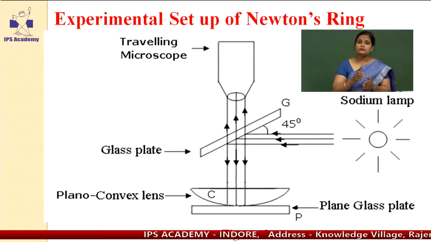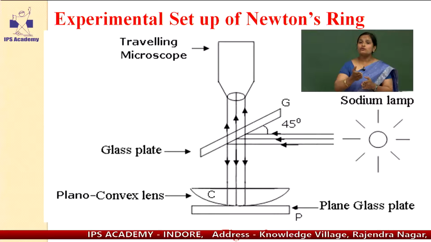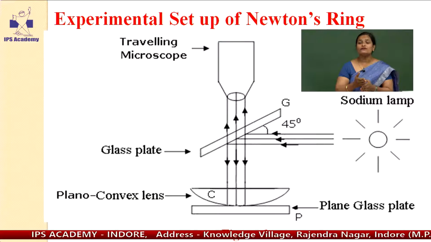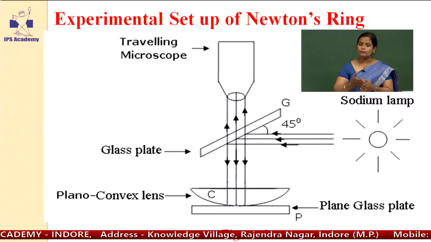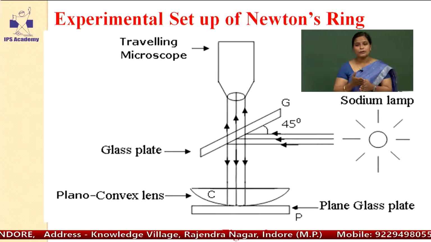So as you switch on the lamp, the light will be incident towards the plain glass plate which is inclined at 45 degree angle. The light is coming from the sodium lamp having wavelength 5890 angstrom.